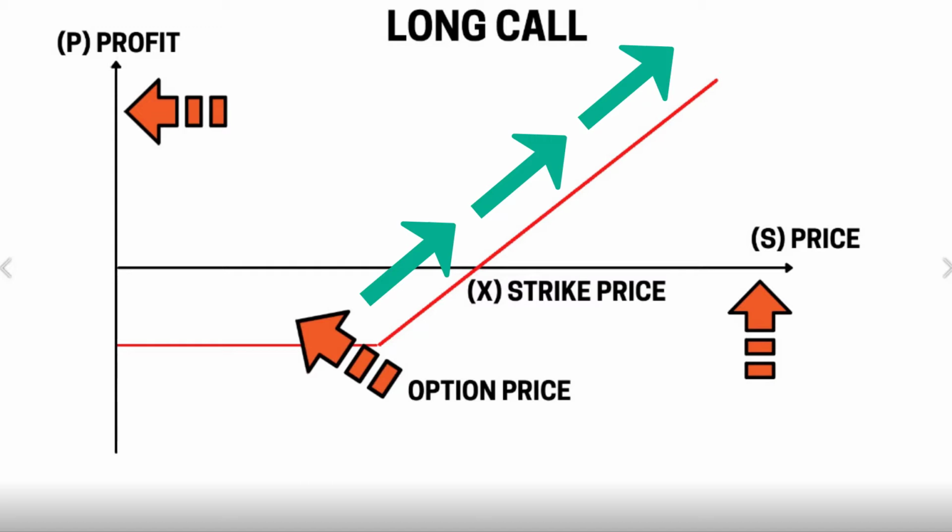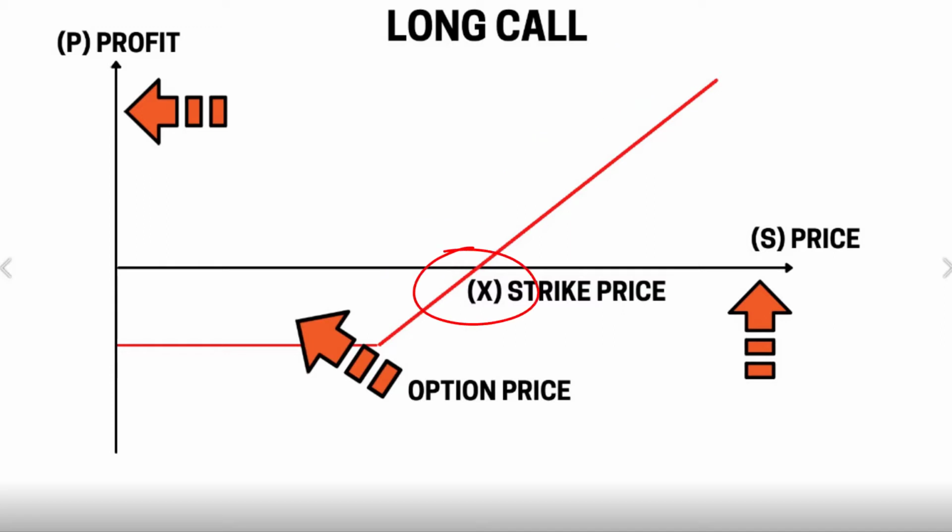So that red line is the profit and loss line of the trade, and you see the X there, that's the strike price. That's where you're going to start breaking even plus the cost of the option. You can see that as that fades to that line and then pushes on upwards. So what you want for the option here is for the price to go on upwards.